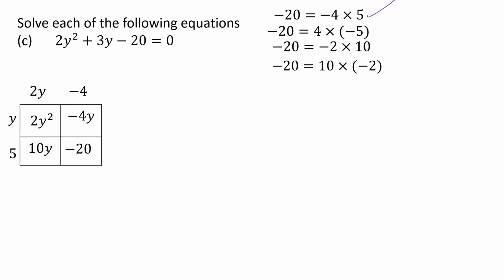Okay, let me repeat how we get all these values again. y multiplied with 2y will give you 2y squared. And then y multiplied with negative 4 will give you negative 4y. 5 multiplied with 2y will give you 10y. And 5 times negative 4 will give you negative 20.